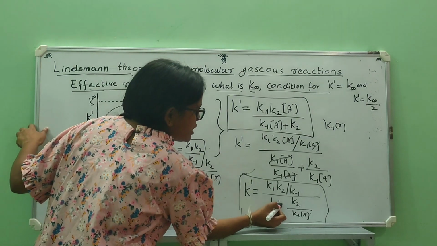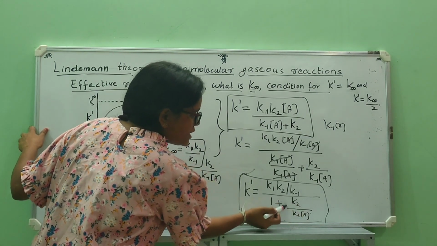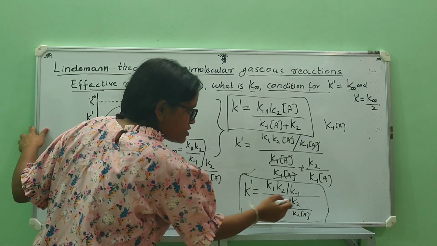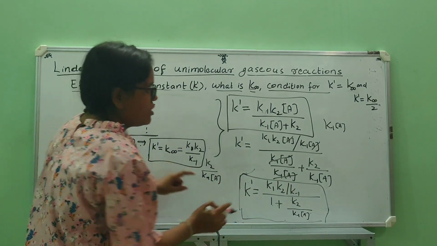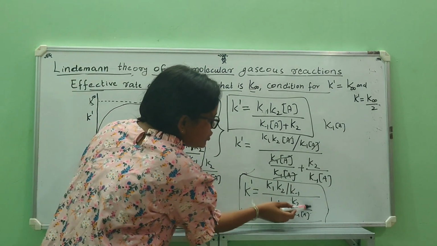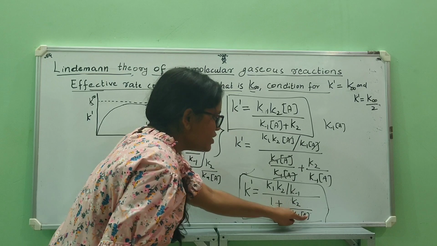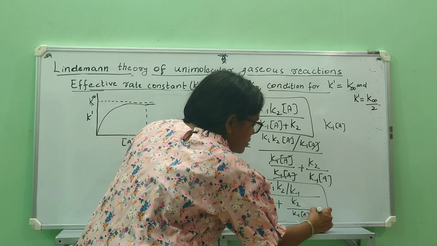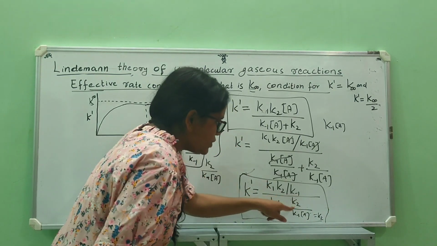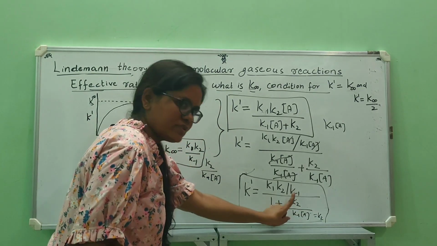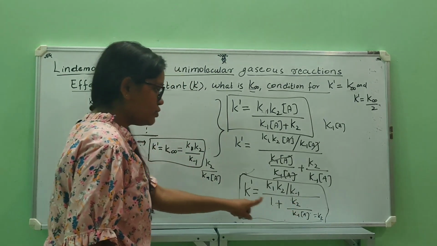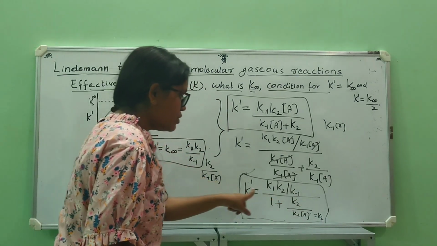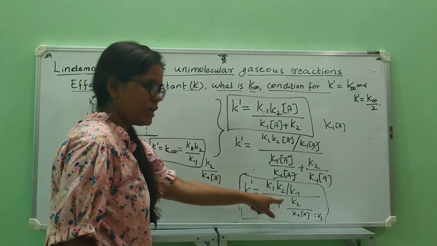So for this denominator to become 2, this entire term should become 1. So 1 plus 1 becomes 2, right? And for this term to become 1, K minus 1 into A should become equal to K2. Only then K2 and K2 will be cancelled. This becomes 1, and 1 plus 1 becomes 2 and K dash will become K infinity by 2.